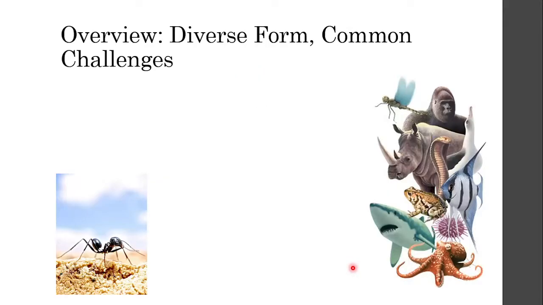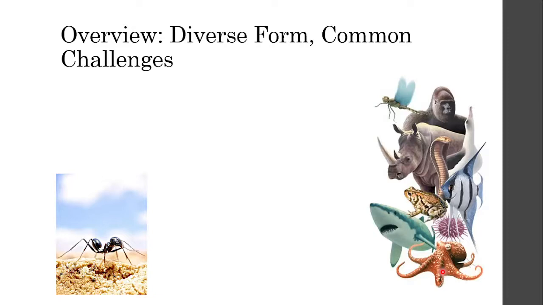So a little bit of overview. One thing that is very interesting among the fauna or animals of the earth is that even though we have very diverse forms, as in this picture where you have a gorilla and an octopus, they have very different structures, they are different species, and they live in very different environments.